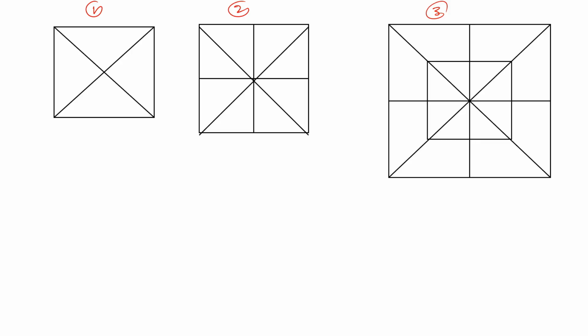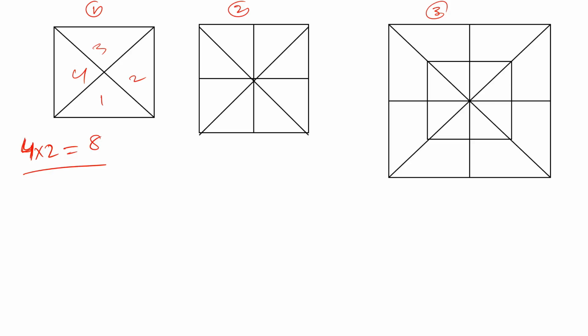Here in this type of pattern we have to count 1, 2, 3, 4, and then the formula will be 4 multiplied by 2 equals 8. So the formula is, whatever number we get, we will multiply by 2. Then we will get the total number of triangles in this figure, which is formed by a square and the diagonals. So in figure number 1, we have 8 triangles.